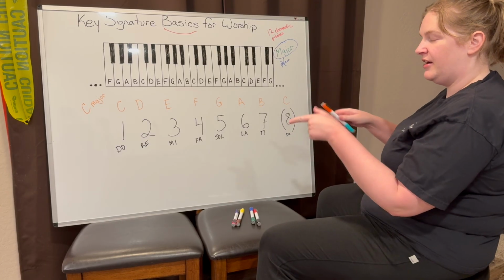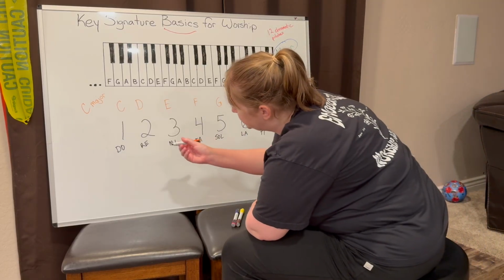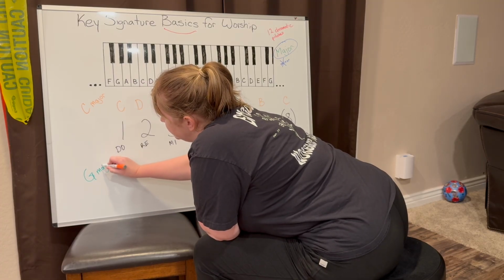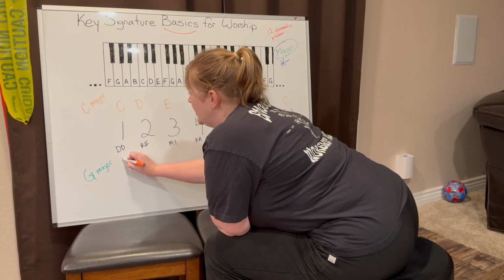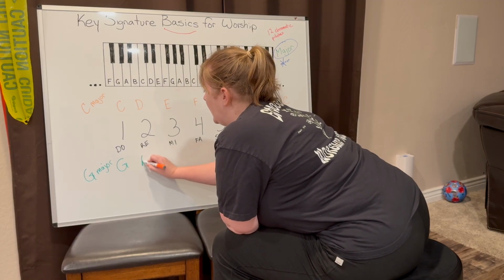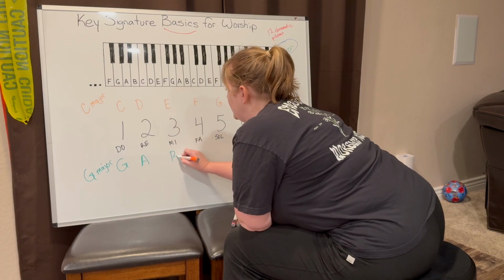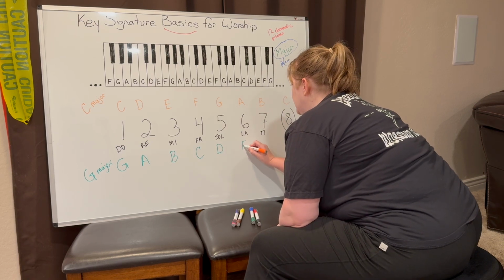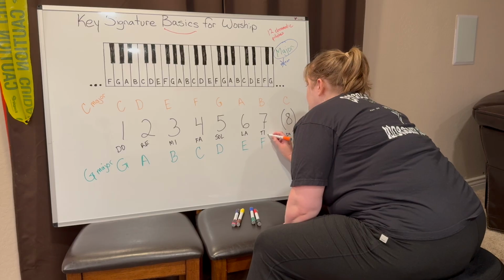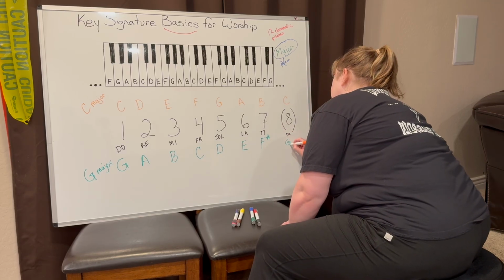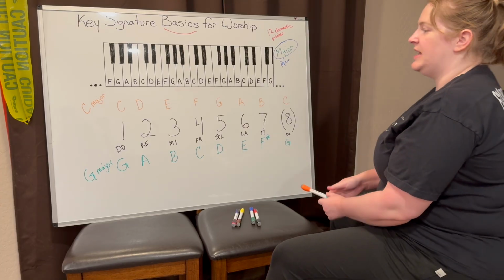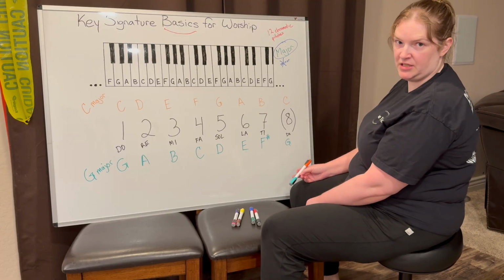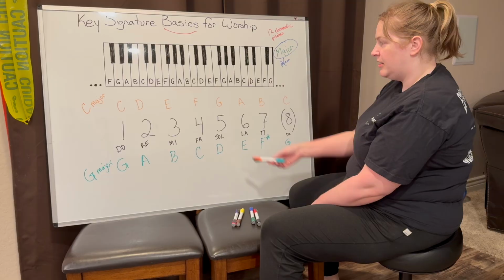Our other key we're looking at is G major, which is G, A, B, C, D, E, F sharp, and then we're back to our G. Now you'll notice that once again, most of our G major pitches or keys are also white ones.